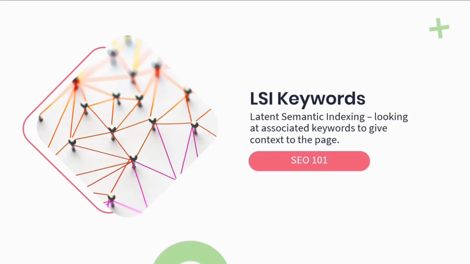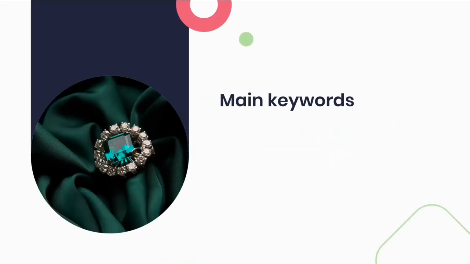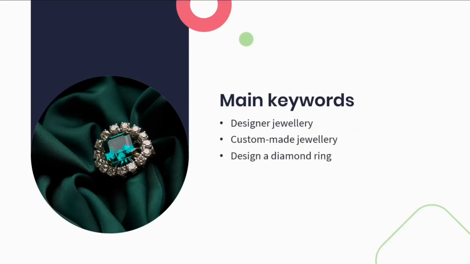I will give you an example, taking a jewelry store just as a fake business. Their main keywords might be something like designer jewelry, custom made jewelry, design a diamond ring, silver necklaces, or independent jewelry designer. There could be many more main keywords, but these are just to give you an example.